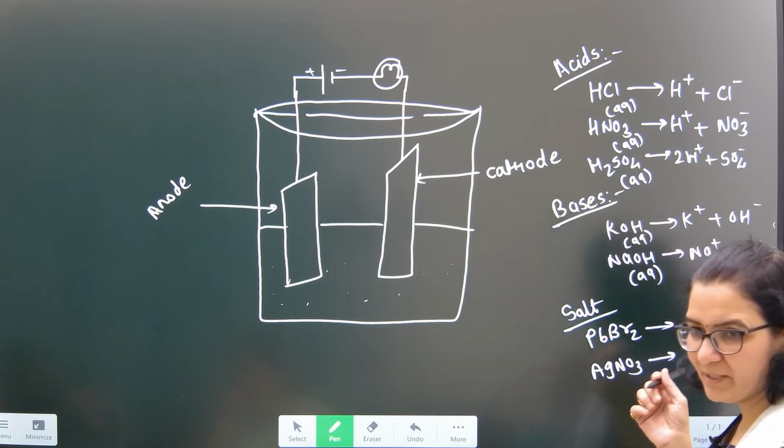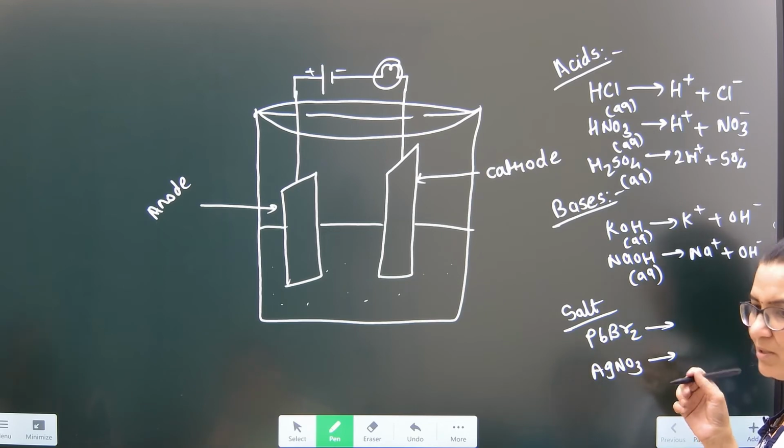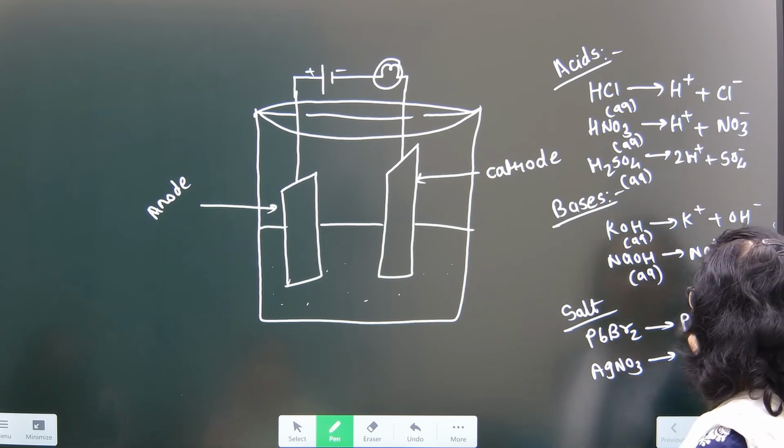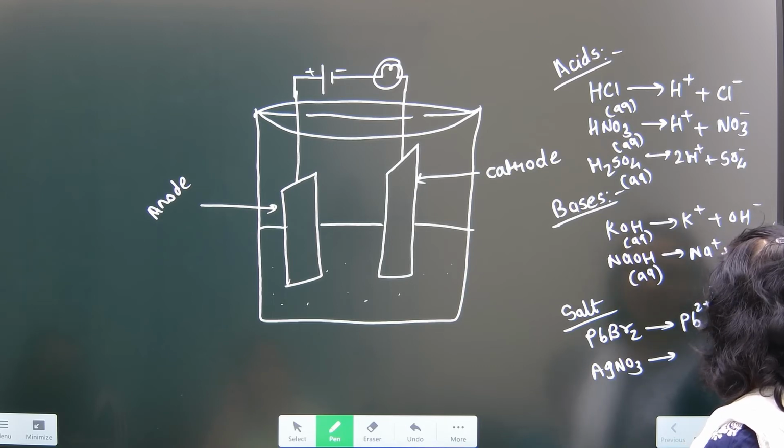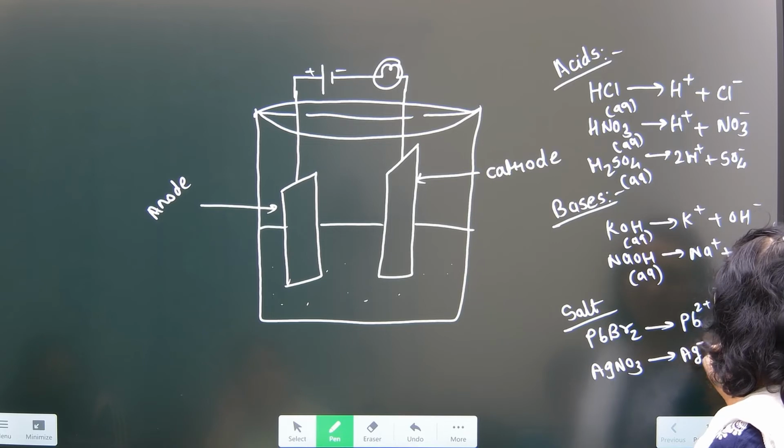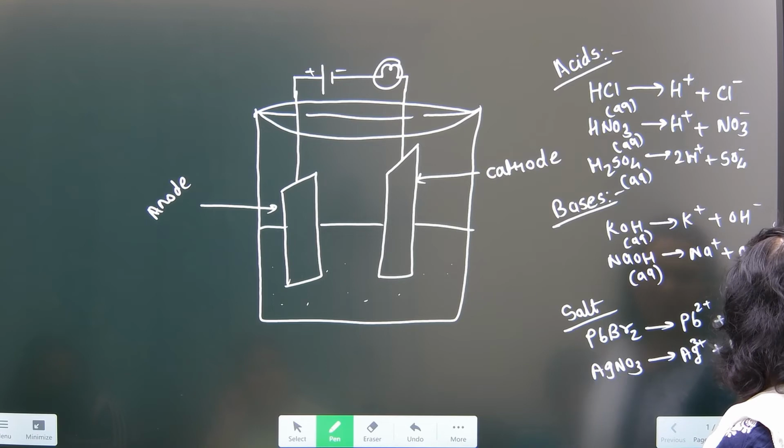How will they break down? Pb2 plus, Br minus, Ag plus, NO3 minus.